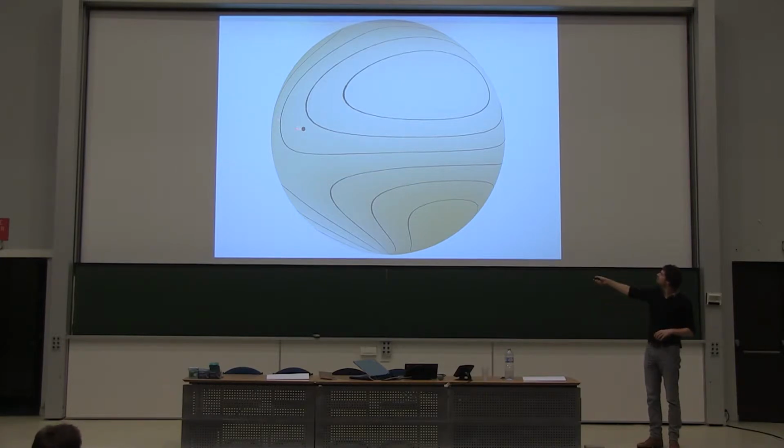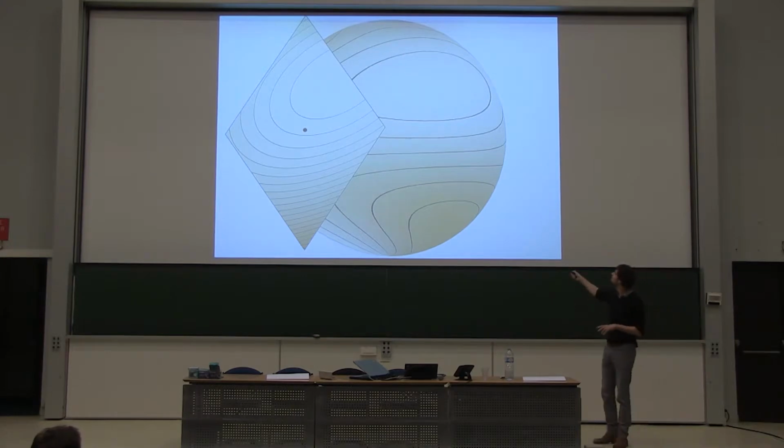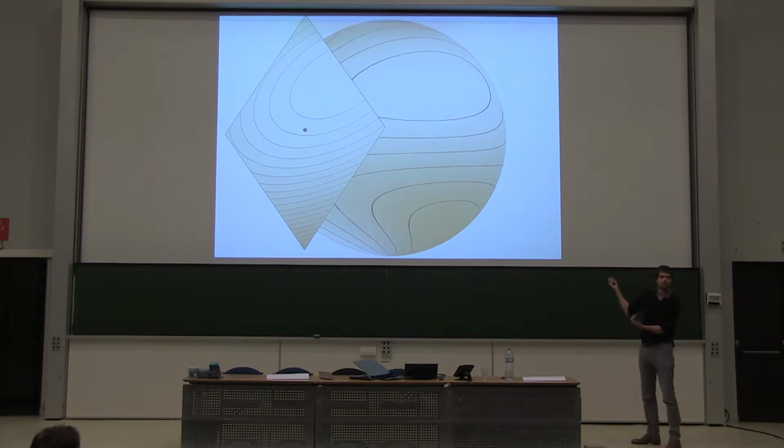Well, since I'm only going to consider my cost function close to my point, I might as well go to the tangent space, which is locally a good approximation of my manifold. Then, and I'm going to describe this in a second, I can somehow lift my cost function to the tangent space, which will give me another function, but this time on a vector space. Because I'm in a vector space now, I can use the classical trust region idea of approximating this with some kind of quadratic model, which will give me this problem.